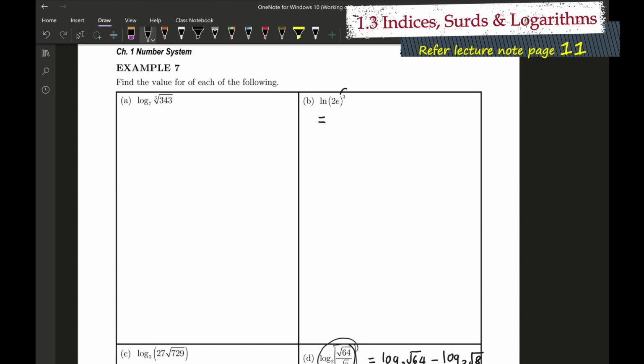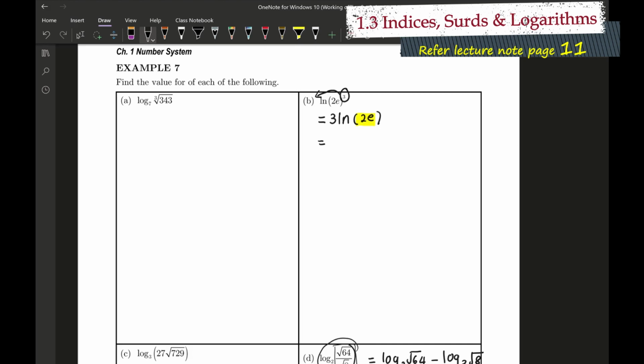From our law of log, when ln here has a power of something, we can drag it to the front. So it will become 3 ln 2e. Okay, that's the first step. And then when it involves multiplication of two numbers or two variables, from law of log, we can convert it to addition of two different logs, right?